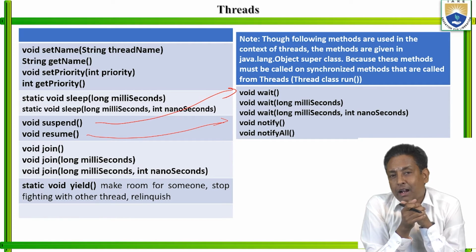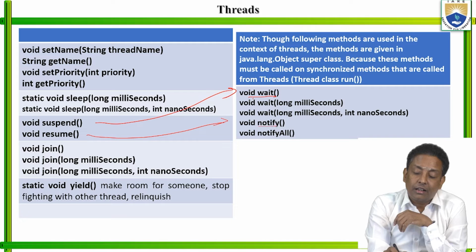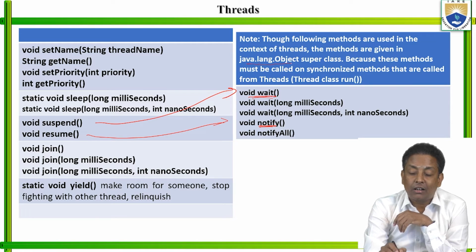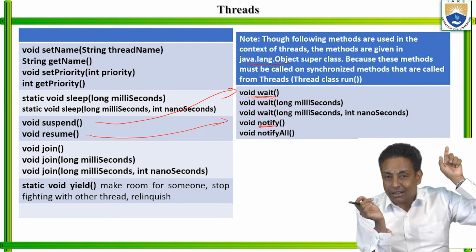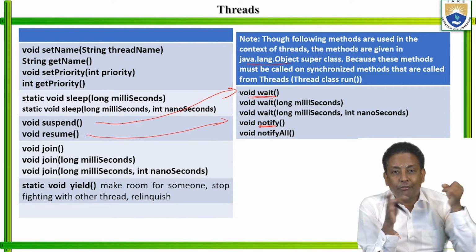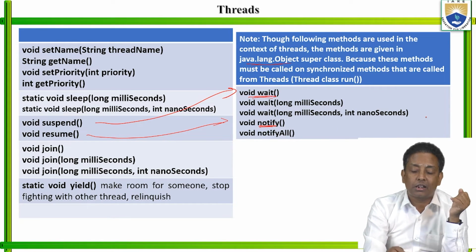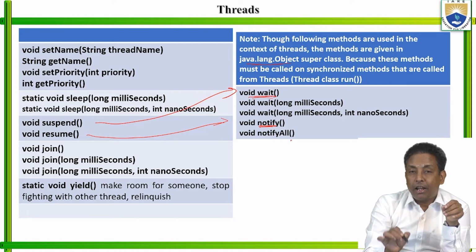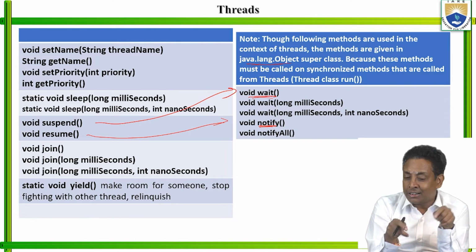Here the trickiest part of the wait and notify methods is that they are given in the java.lang.Object class, but not in Thread. In Thread, all the methods are given in the Thread class, but wait, with the different overloaded signature, wait with long milliseconds, comma nanoseconds, and notify, are given in the non-thread class java.lang.Object.